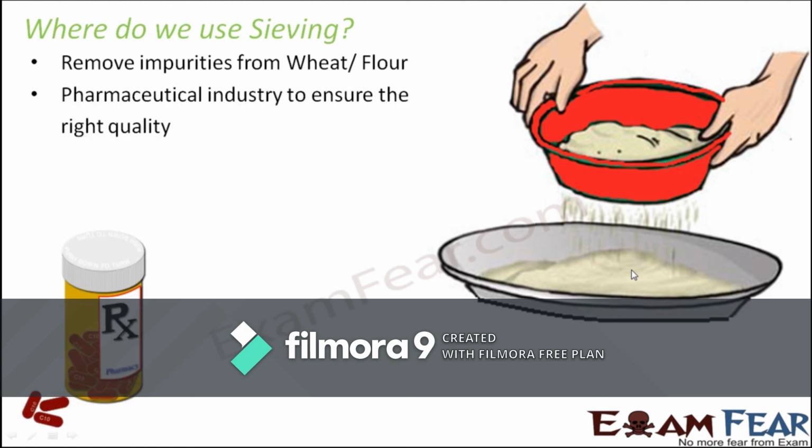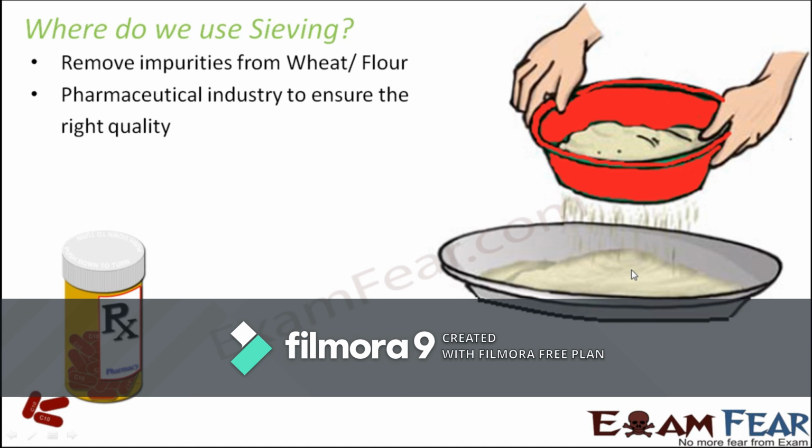It is also used in the pharmaceutical industry to ensure the right quality, because in the pharmaceutical industry a lot of medicines are being prepared. During the process of manufacturing medicines, it is very important that impurities are not present at any point, because these medicines are consumed by human beings to treat diseases. If they contain impurities, they can be deadly for living organisms.